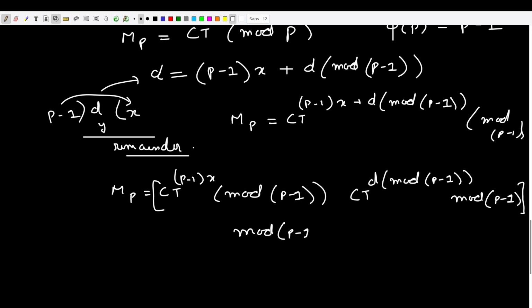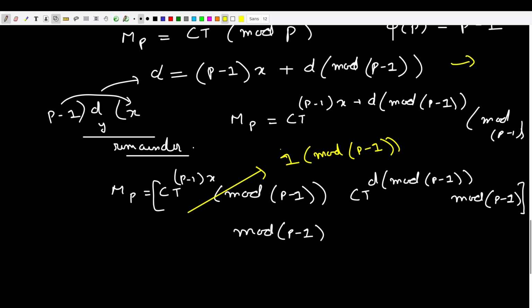All right, now what happens is that using Fermat's little theorem, this term will evaluate to 1 mod p, and that is why we have distributed d in terms of phi(p).